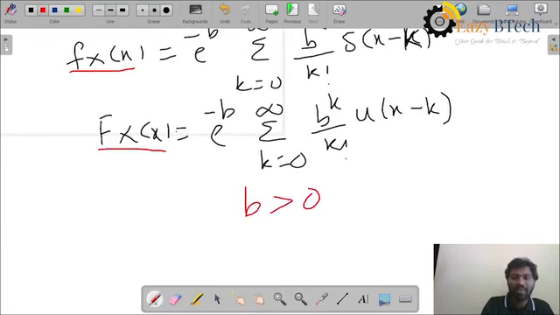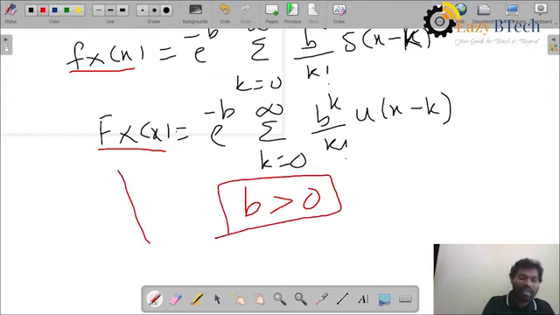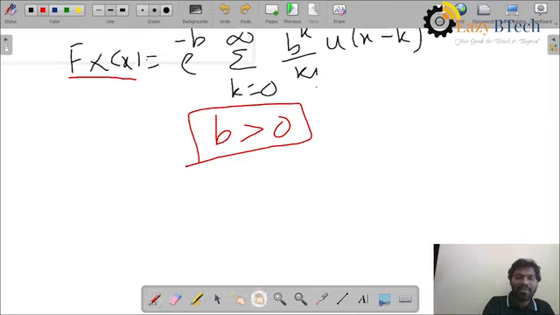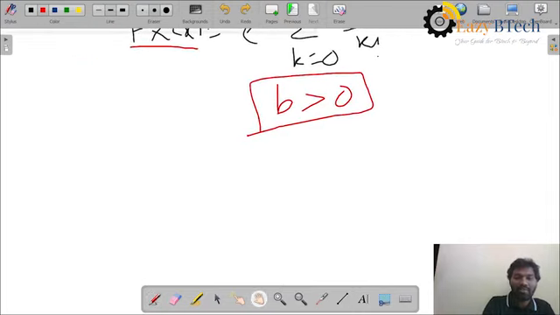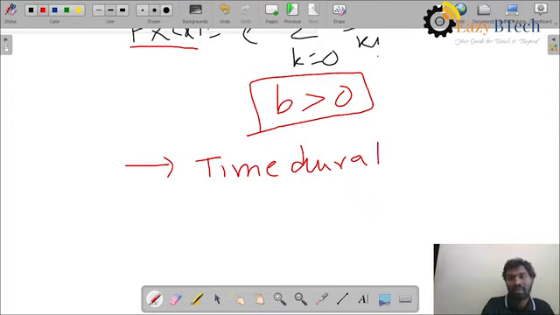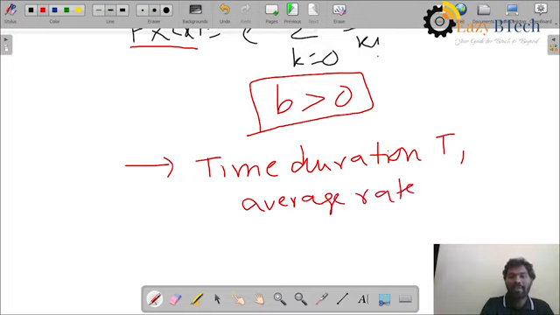It is always greater than 0. And in some cases they give you a time duration T and an average rate lambda.